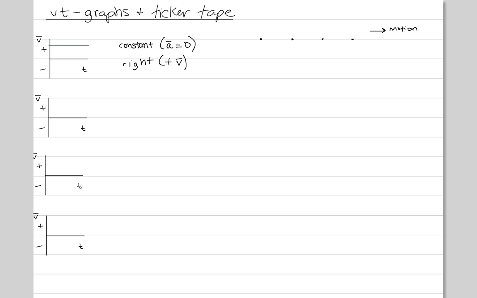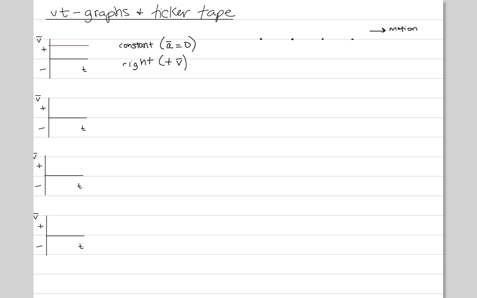The ticker tape is a way that in physics you can measure position or velocity. The ticker tape is the position. So this is the position, not the velocity. Here, here, here, and these would happen at some time intervals, and usually the ticker tape is set to 0.1 seconds because it happens quite quickly.